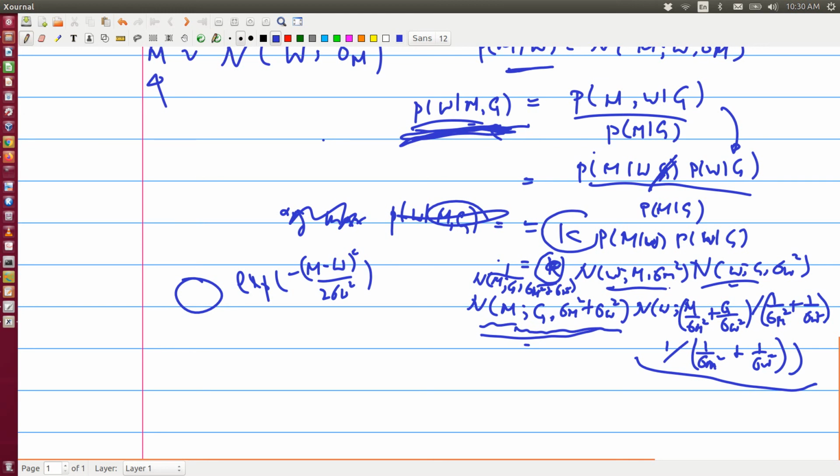The normalization factor can be figured out later on. In this case, of course, I don't actually need it, because I just want to do an estimation for the mean and the variance, and that's basically these terms here.